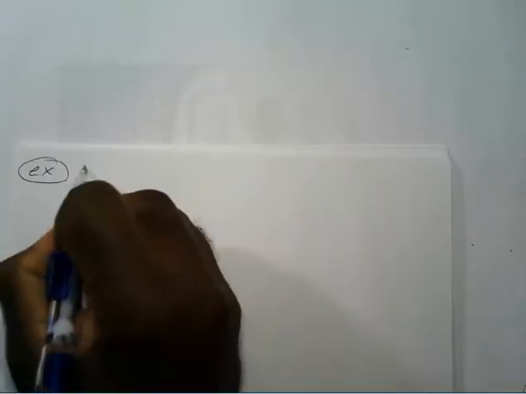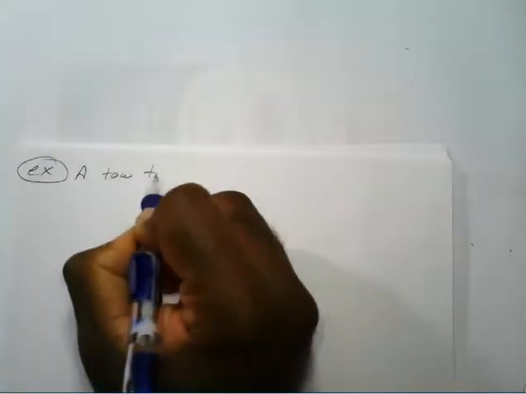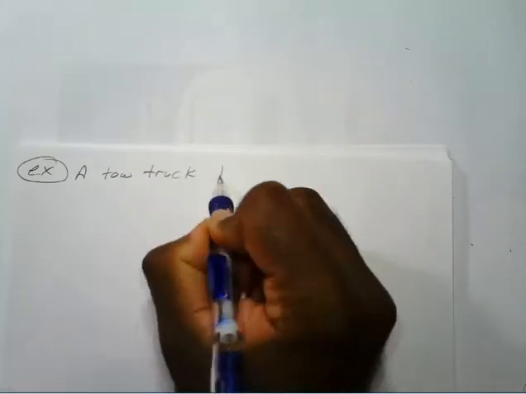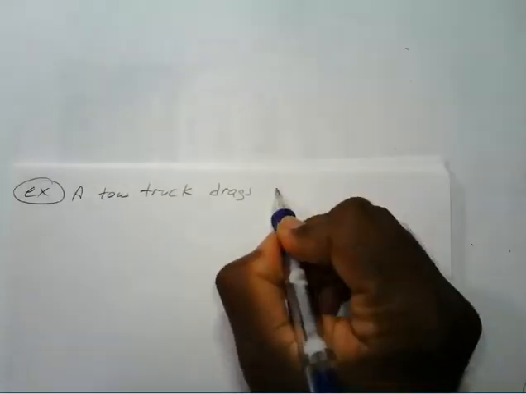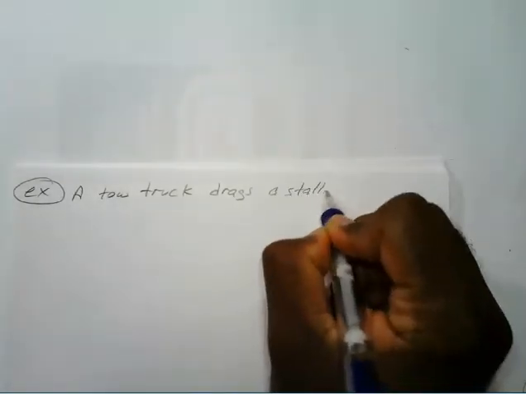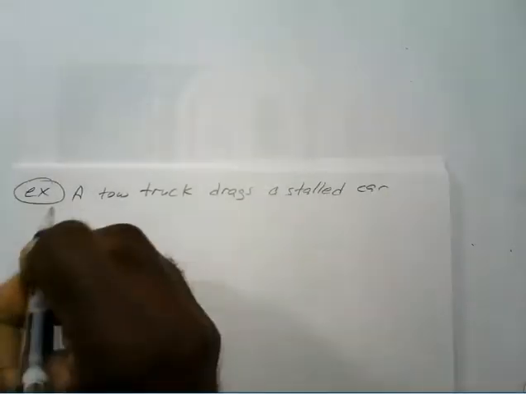All right, so let's say for our example, a tow truck drags a stalled car along a road.